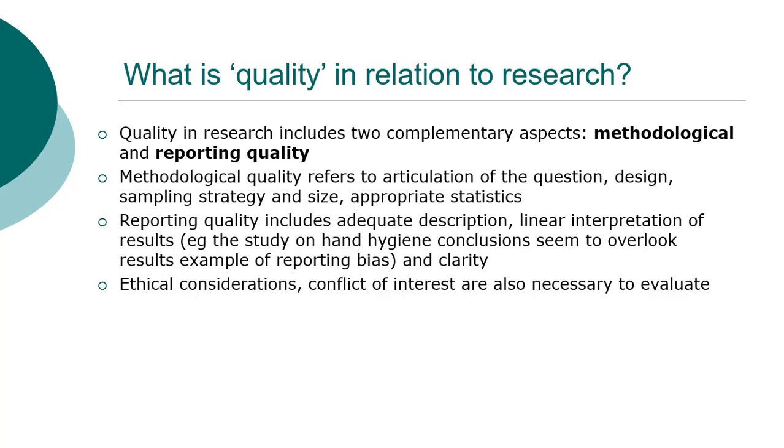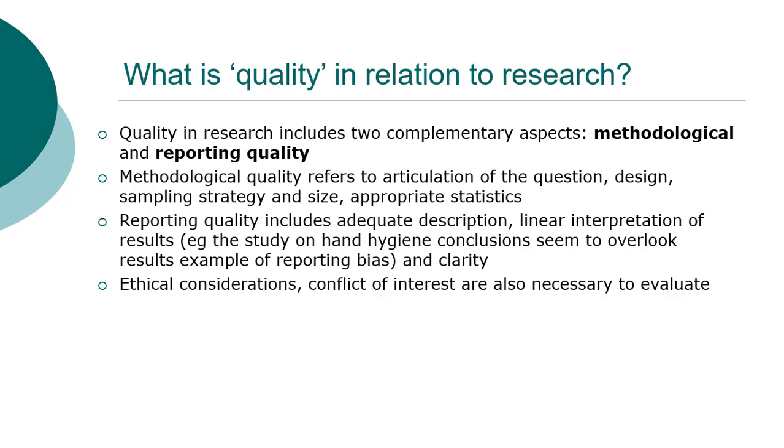What is quality? Quality in research includes 2 complementary aspects: methodological and reporting quality. Methodological quality refers to articulation of the question, the design that is undertaken, sampling strategy, size, and appropriate statistics. Reporting quality includes adequate description of the methodology, adequate description of limitations, adequate description of methods undertaken to decrease bias, clear interpretation of results.